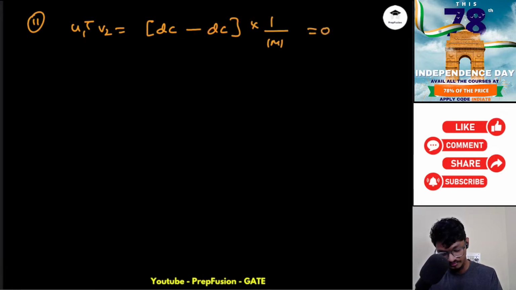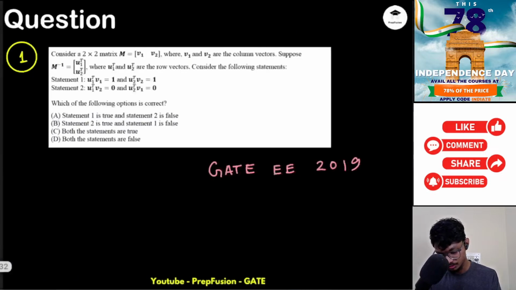You can prove it for the other one as well: u2 transpose into v1 will also be 0. So both of these statements are true, so option C will be correct in this case.